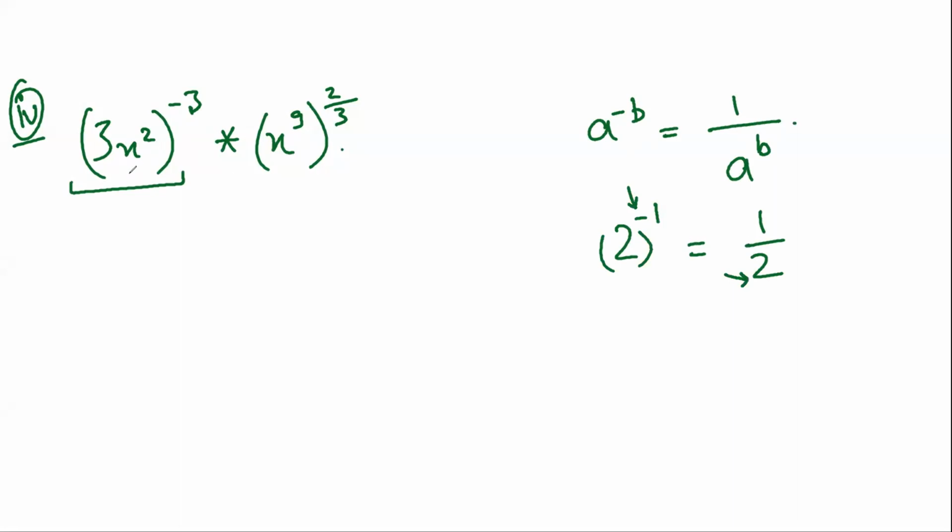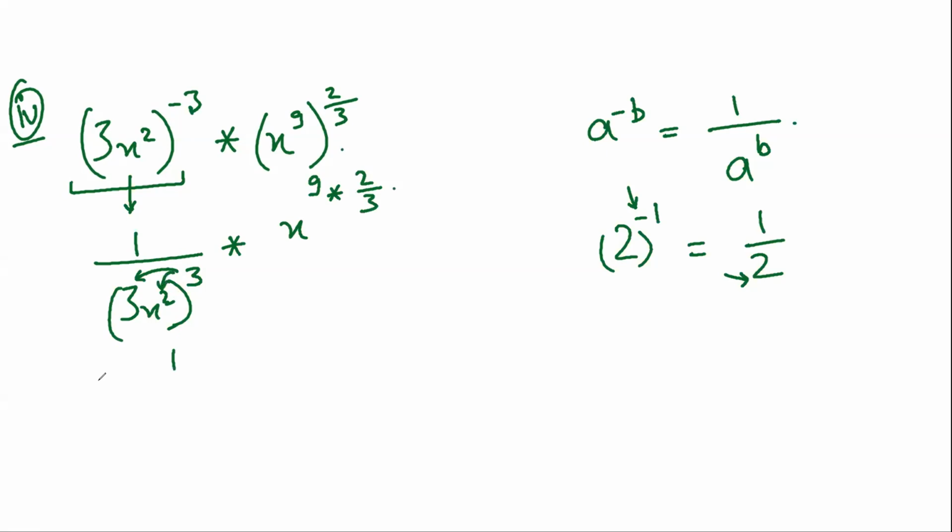So this would be equal to 1 upon 3x square whole cube into x raised to power 9 into 2 by 3. Now this 3, when it comes inside this bracket, it will meet both this 3 as well as this 2.